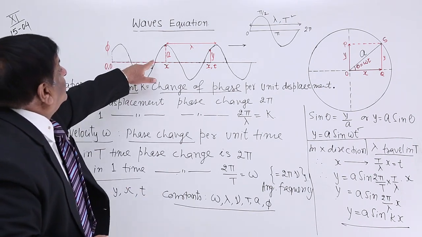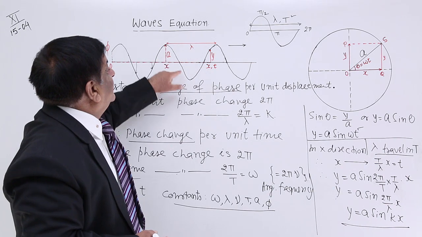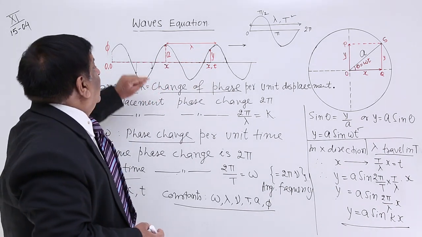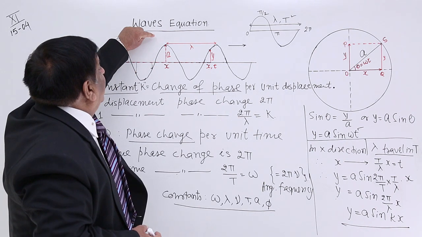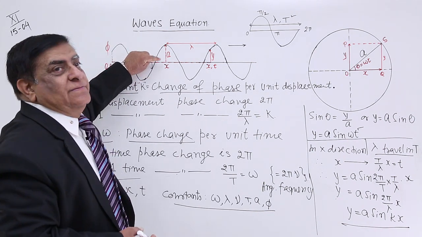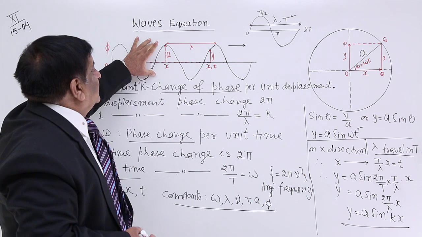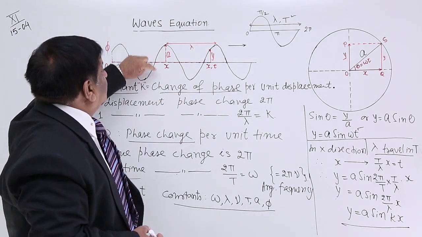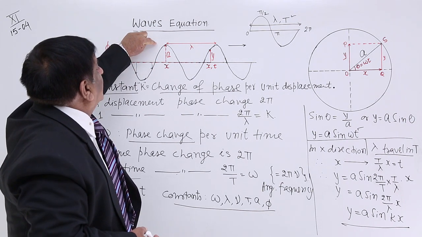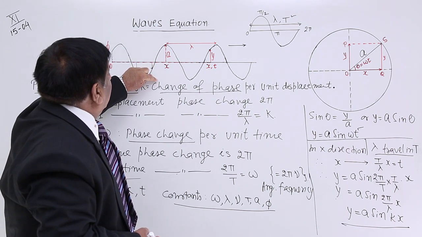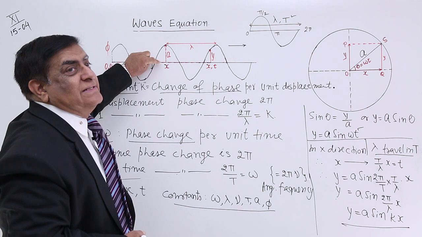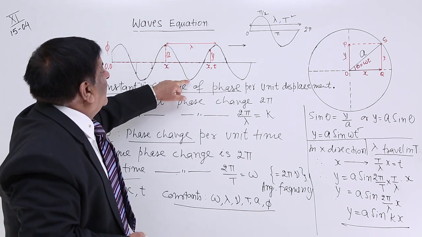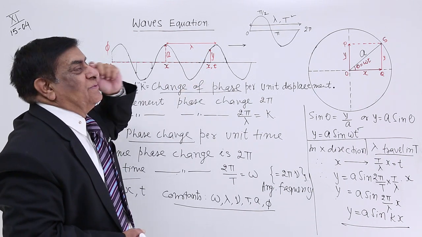How does the wave travel one wavelength? How much time does it take? It takes the time when this particle makes one full oscillation. So the time period of oscillation is equal to the time period of the wave, because when one oscillation is made, there is one peak on this side, one peak on this side, and again the displacement is 0.